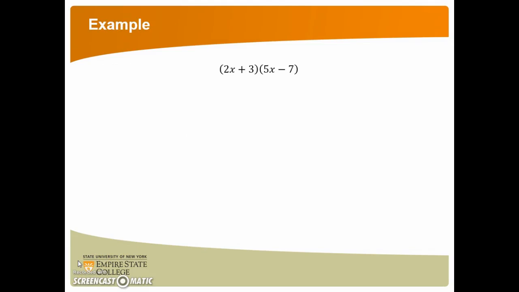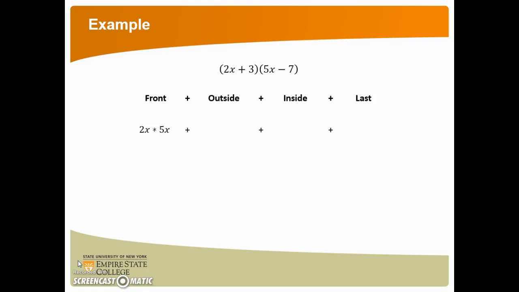Suppose we want to multiply 2x plus 3 by 5x minus 7. Because we have a binomial times a binomial, we can use the FOIL method to complete this multiplication. Remember that FOIL means to add the product of the front terms plus the product of the outside terms plus the product of the inside terms plus the product of the last terms.